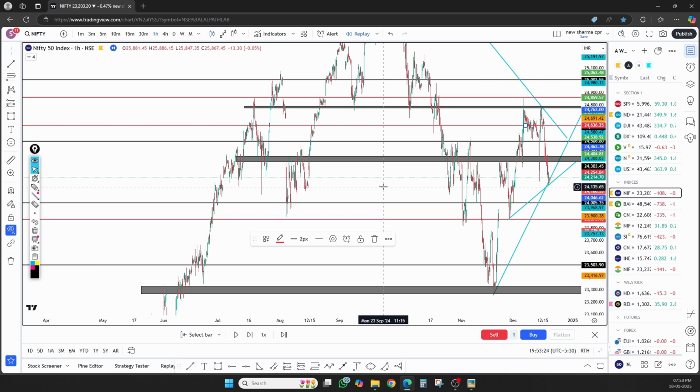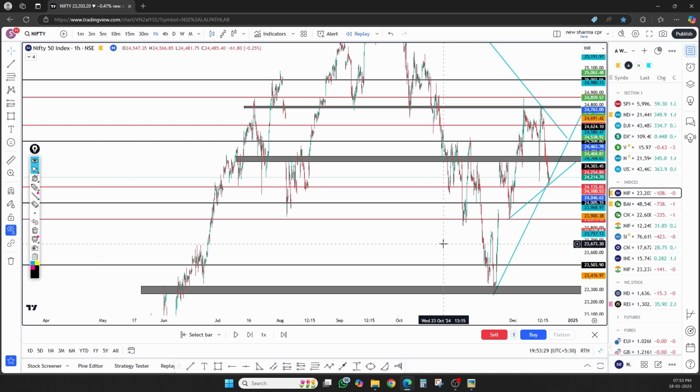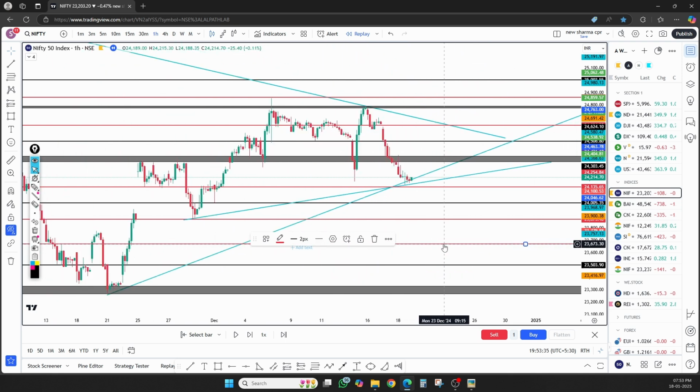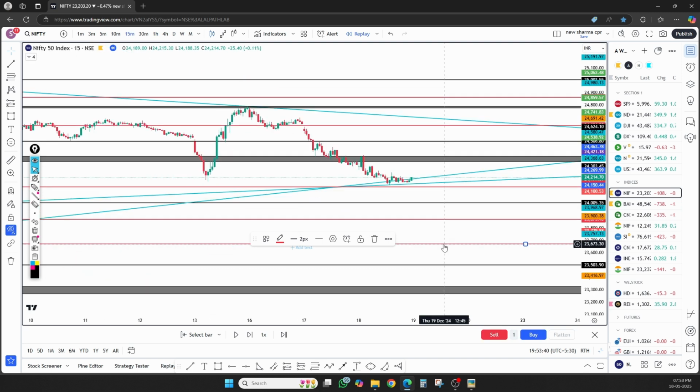Just below, we can draw again at the closing price. If you think so, you can draw one more level here. Now again we narrow down to a 15-minute or 3-minute time frame.